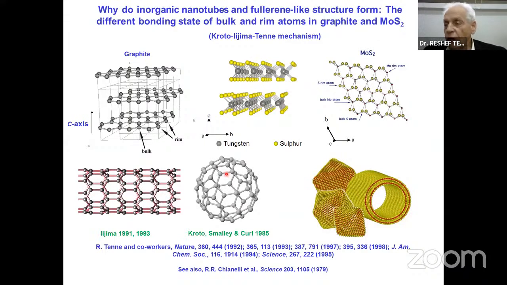nanocarbon? The reason is that if you look at graphite, it is made, as all of us know, from planes of graphene, which are all sp2 bonded, the carbon atoms bonded to 3 carbon atoms, but there are edges, and the edges are abundant with rim atoms, which are only twofold bonded.